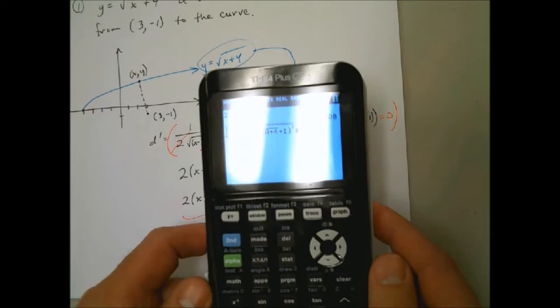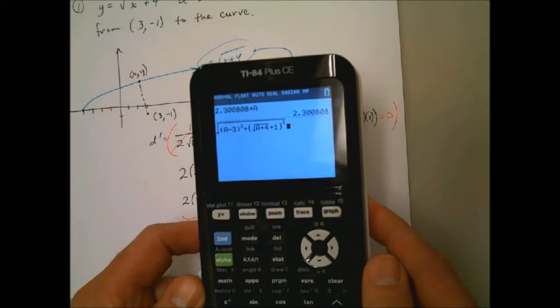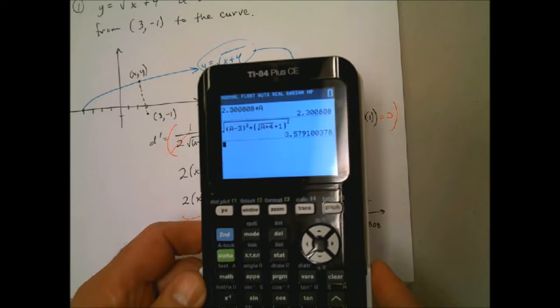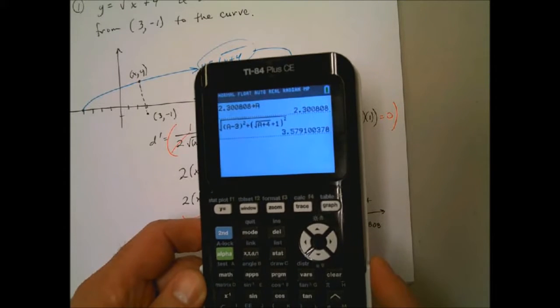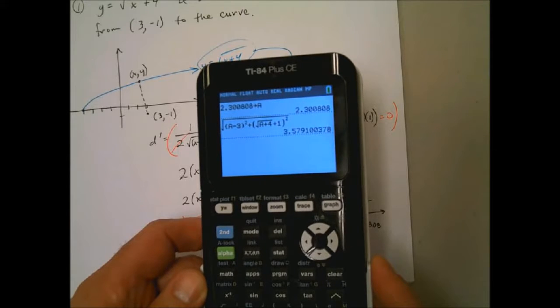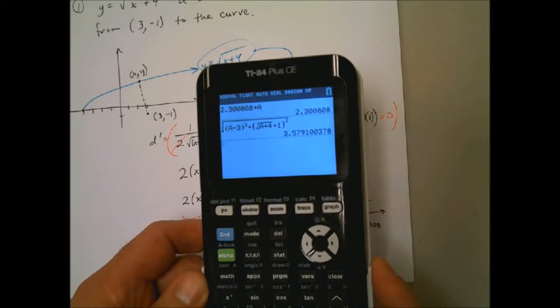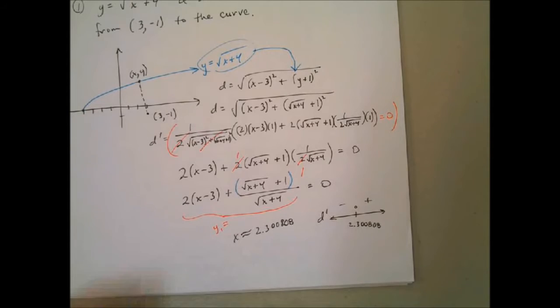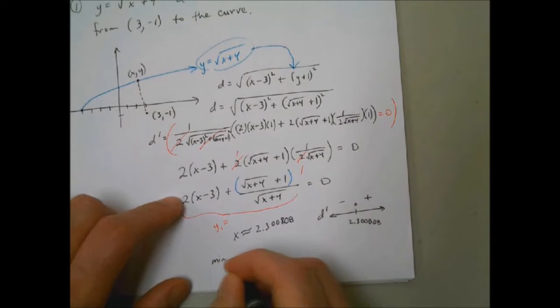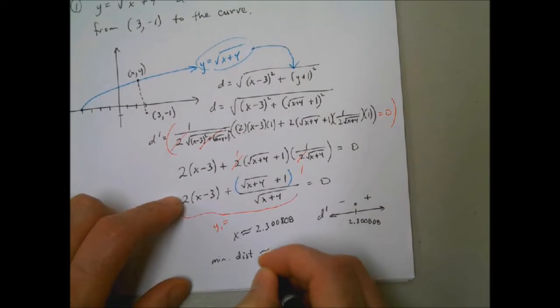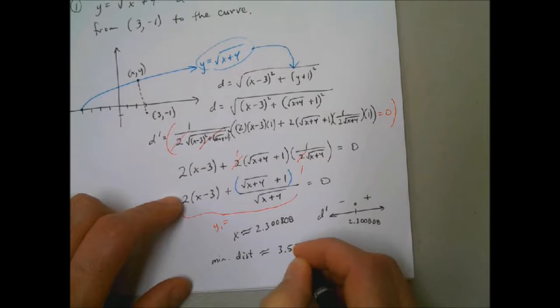It's all entered in there right now. And so if I press enter, my minimum distance is approximately 3.579.